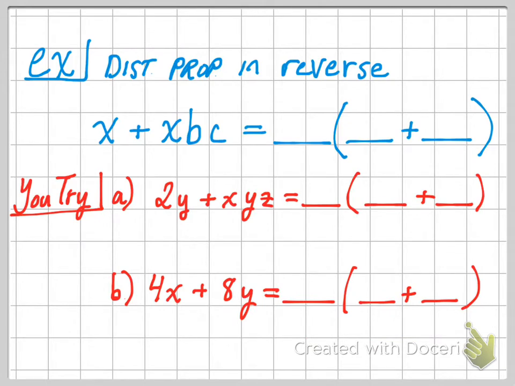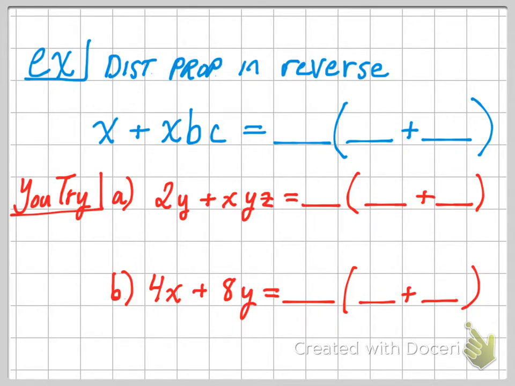Alright, so now we're going to look at a little bit of a different example, which is the distributive property in reverse. So this might be a little bit new, but the idea is we're starting with what is usually the end point and thinking, what did we multiply in to each of the terms if we have x plus xBC?